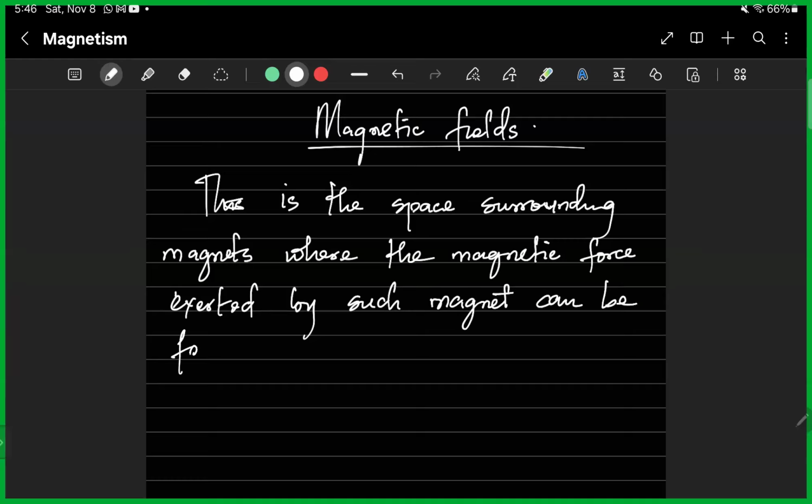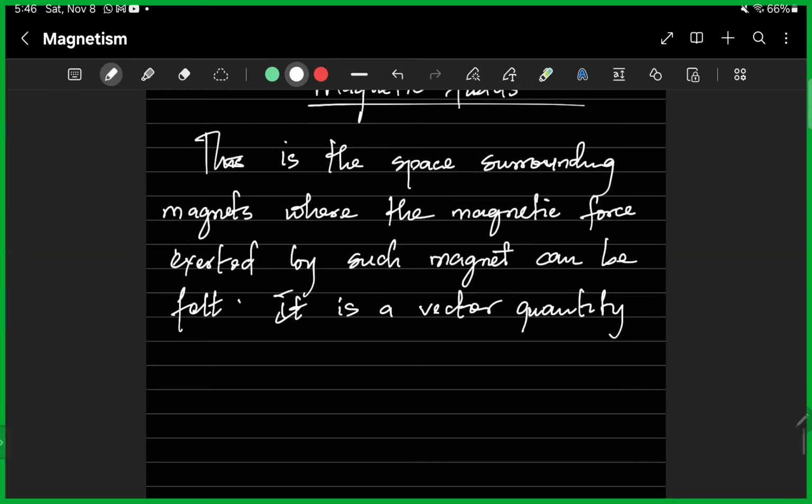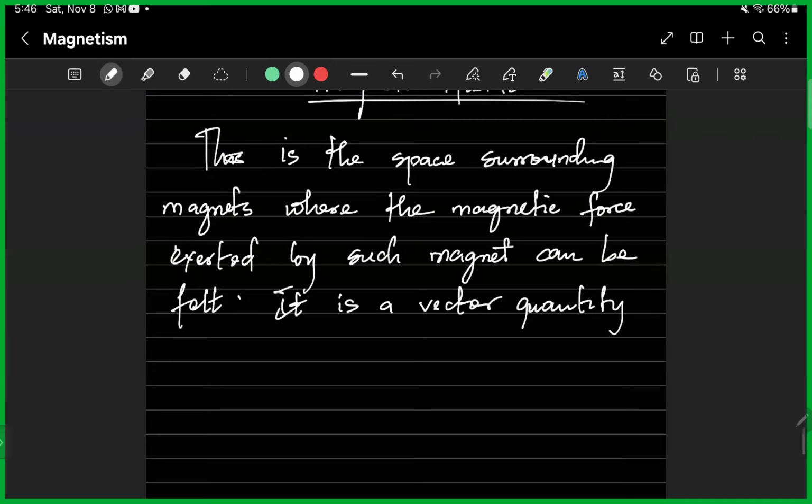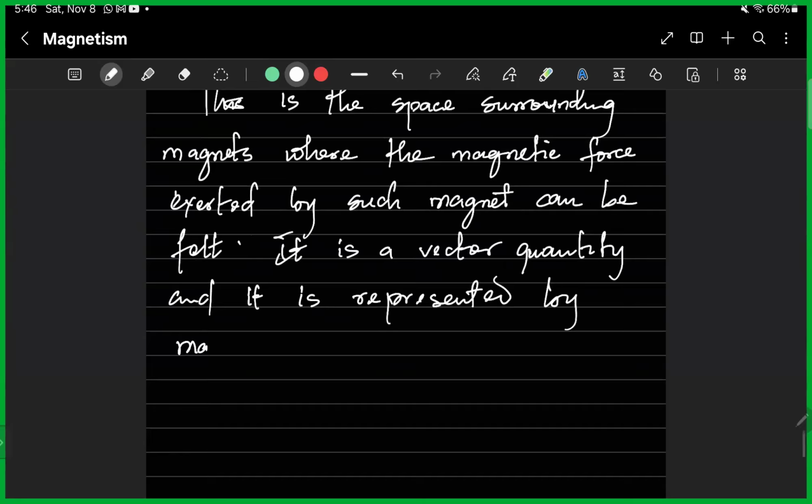So it's a space where we feel magnetic force. It is a vector quantity. All fields are vector quantities: electric field, magnetic field, gravitational field. And it is represented by magnetic lines, most of which we call magnetic field lines.